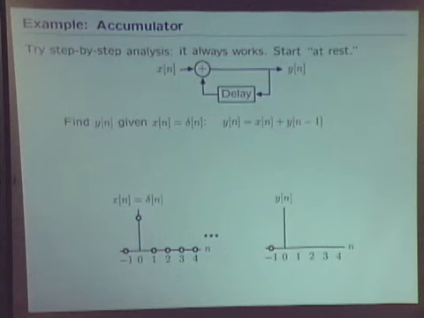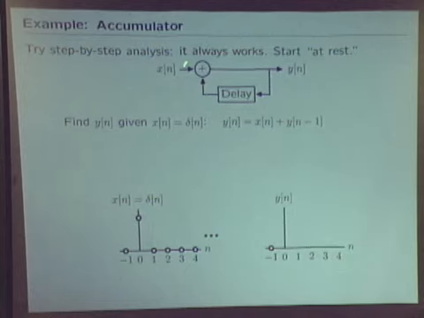So let's just think about how signals would propagate through this system. Think about this as a sample by sample block diagram system. Say that it starts at rest, so the initial output, the output before any inputs come in, has to be 0 because the initial condition was that delays were all 0.